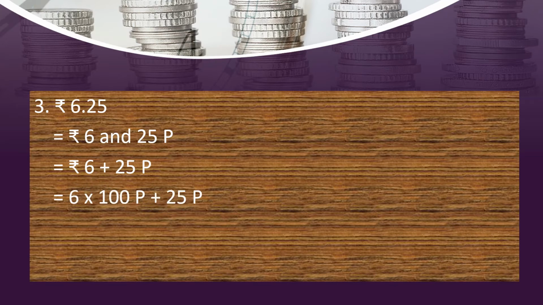It would be rupees 6 multiplied by 100 paise, as rupee 1 is equal to 100 paise, plus 25 paise. This is equal to 600 paise plus 25 paise. If I add up the two given numbers, I get the sum of 625 paise.